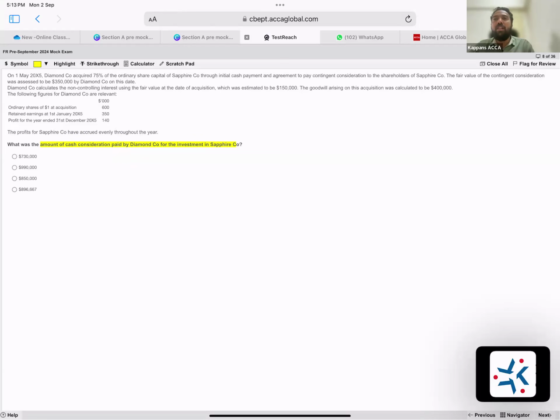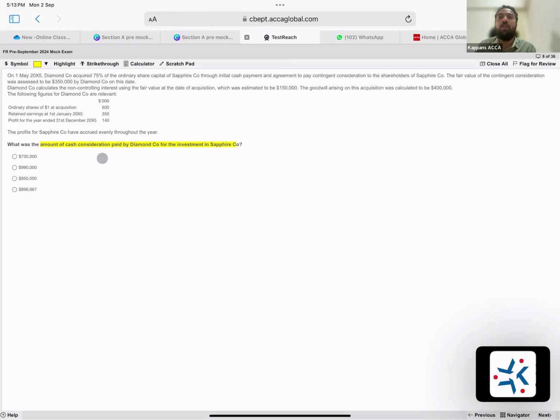The following figures of Sapphire Company are relevant. Ordinary shares of $1 at acquisition 600, retained earnings at 1 January X5 350, profit for the year ended 31st December X5 140. Profits for Sapphire Company have accrued evenly throughout the year.